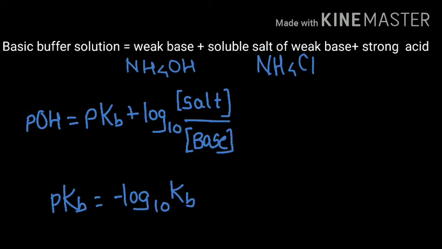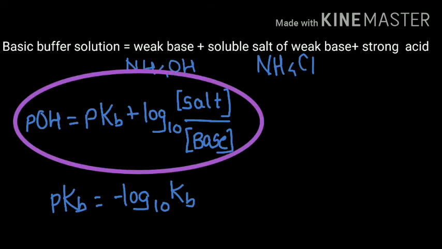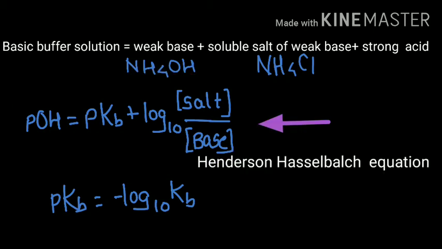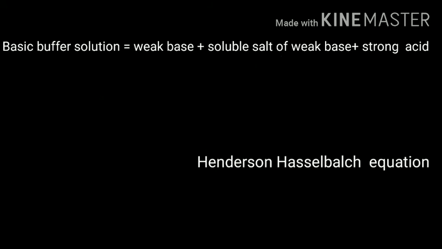We know that pKb is equal to minus log to the base 10 Kb, and Kb is the base dissociation constant. Here the equation pOH is equal to pKb plus log to the base 10 of molar concentration of salt divided by molar concentration of base is called the Henderson-Hasselbalch equation.